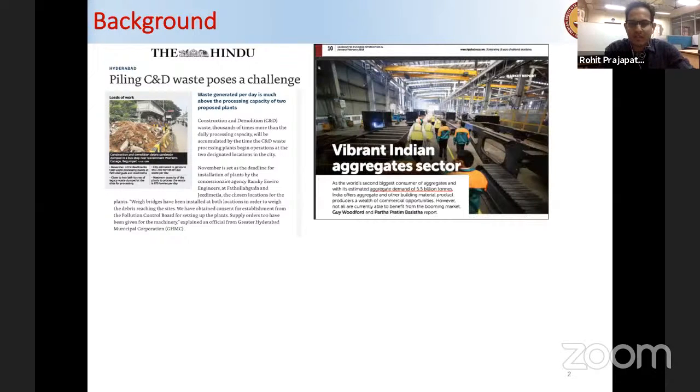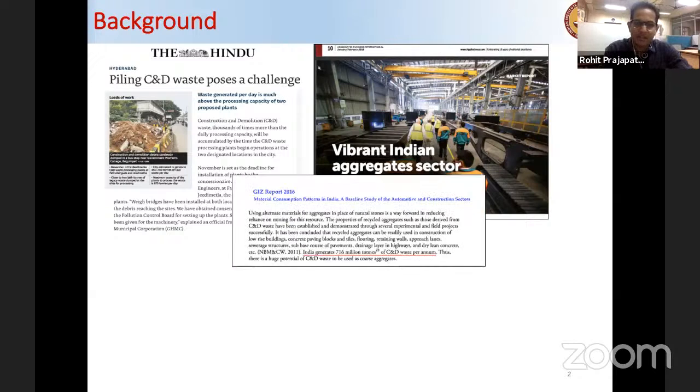There is also a boom in construction, and the aggregate demand is going high. In India this year, the aggregate demand was around 5.5 billion tons, and the C&D waste generated is, as Ram also pointed out, around 700 million tons per year.